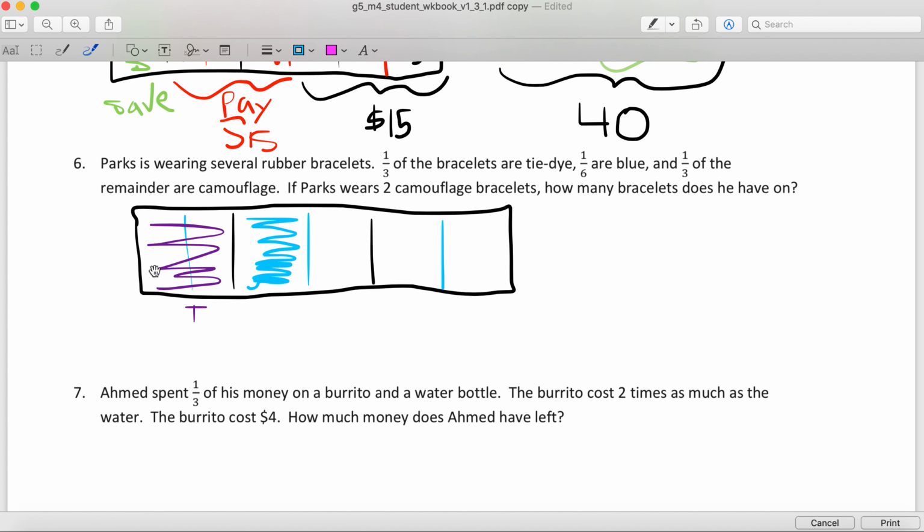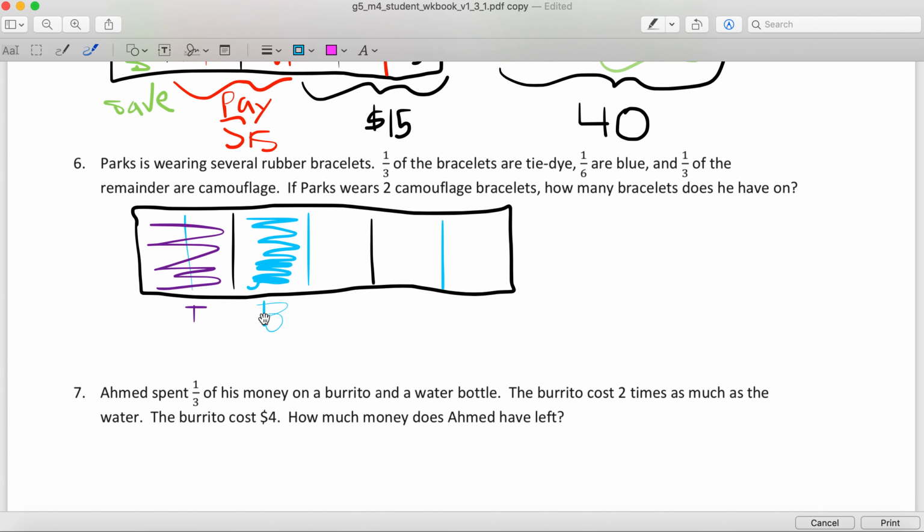So I shade 2 of those parts to represent one third, and then one part to represent our blue bracelets.